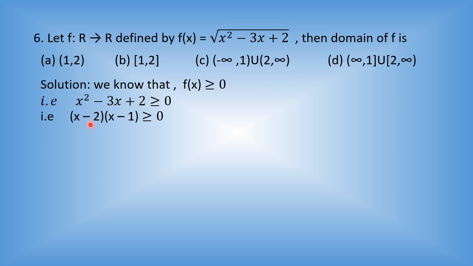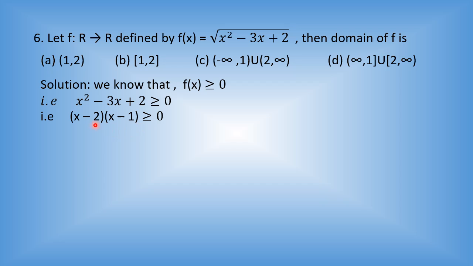If I factorize it, you will get (x minus 2) into (x minus 1), which is greater than or equal to 0. This is possible only when x is greater than or equal to 2 or x is less than or equal to 1.